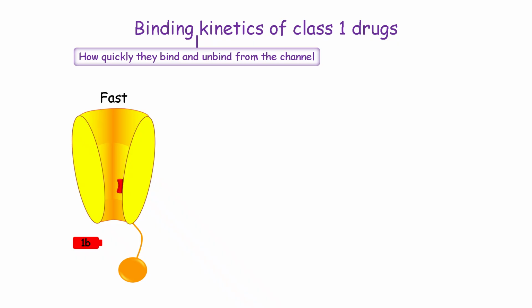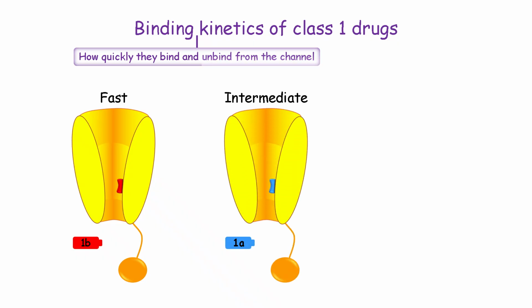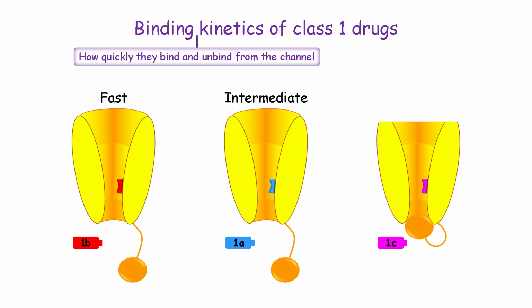The class 1A drugs have intermediate kinetics. They bind more slowly and remain attached for longer, producing more sustained sodium channel block during each action potential. Class 1C drugs have the slowest binding and unbinding kinetics.